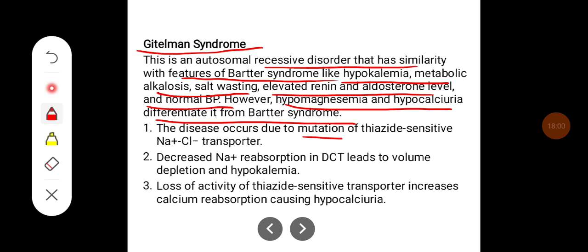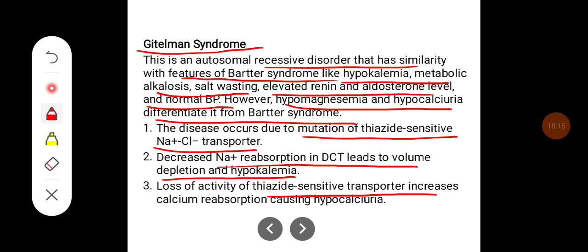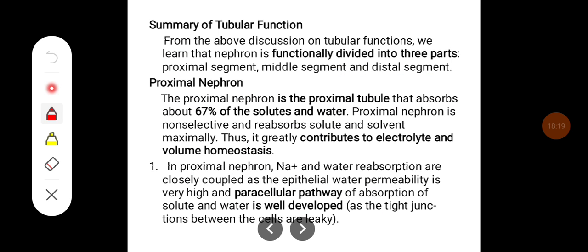The disease occurs due to the mutation of the thiazide-sensitive sodium chloride transporter, and decreased sodium absorption in the DCT leads to volume depletion and hypokalemia. Loss of activity of the thiazide-sensitive transporter increases the calcium reabsorption, causing hypocalciuria.